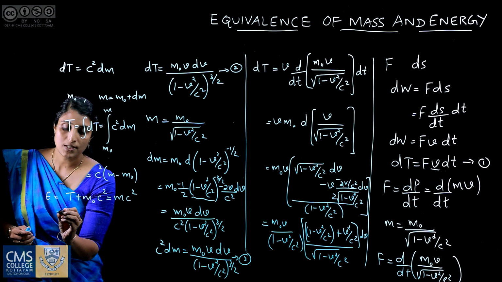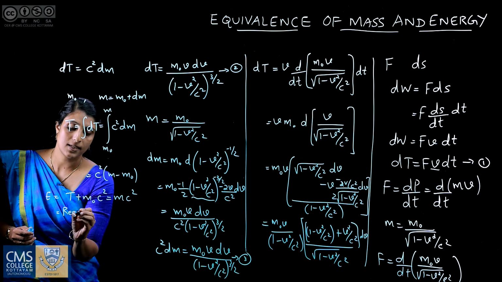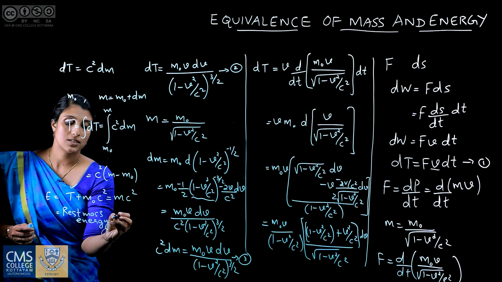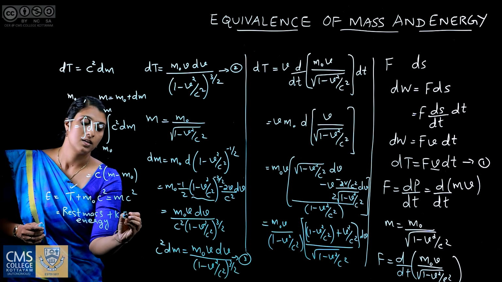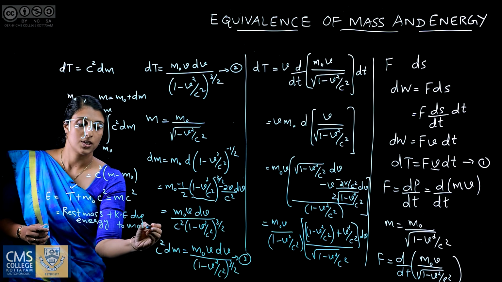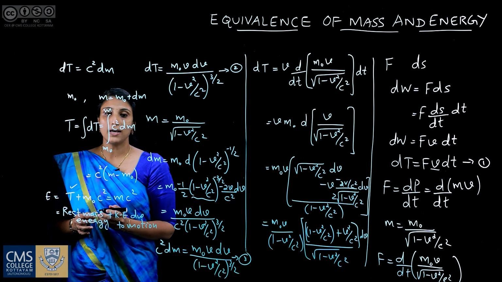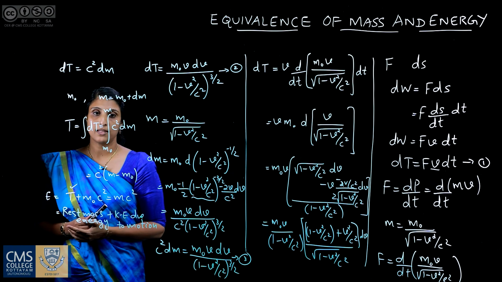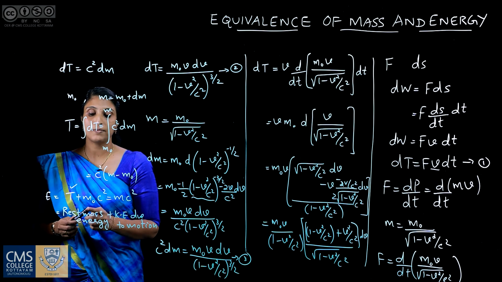Here m0 c square is the rest mass energy, and T is the kinetic energy due to motion. Rest mass energy is the energy corresponding to the rest mass, and it is obtained as m0 c square.